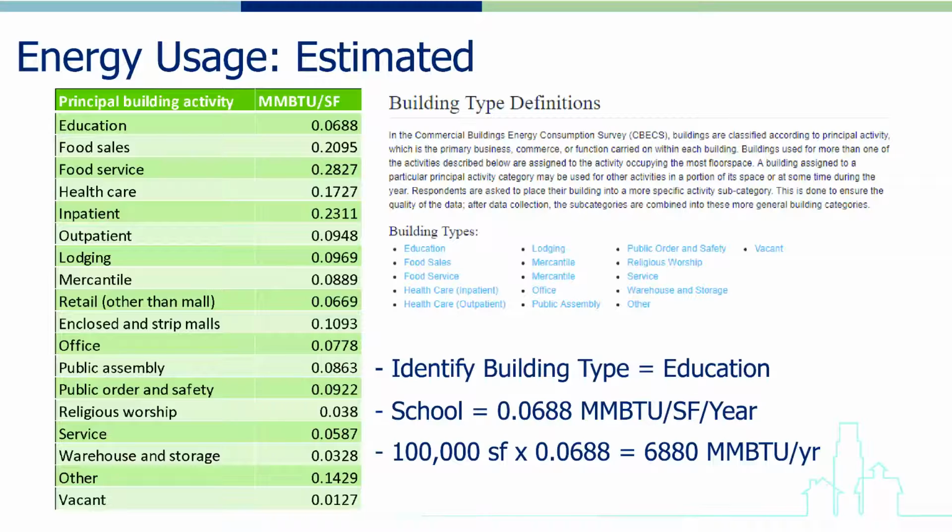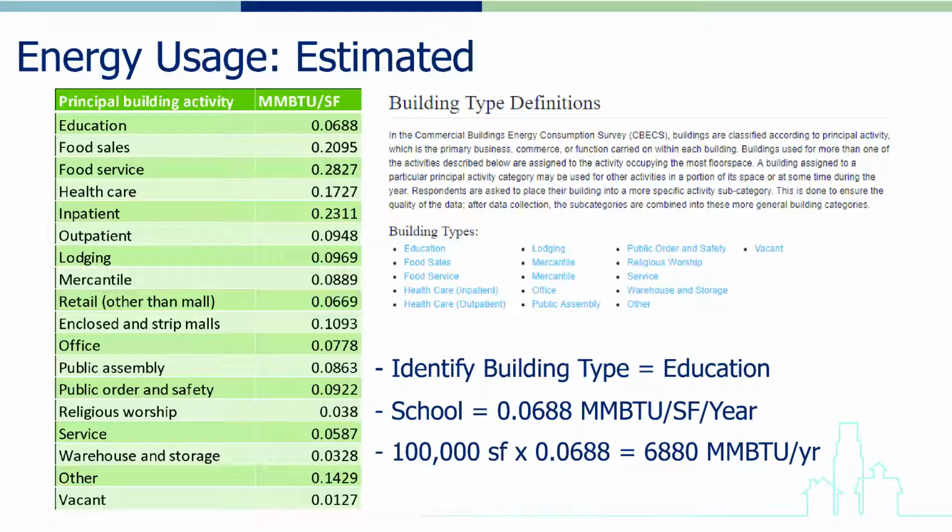To generate this type of early estimate, 3 steps need to be followed. First, determine the facility's principal building activity type as defined by CBECS on their website. Next, multiply the square footage information for the facility by the number in the MMBTU per square foot column found in the CBECS database.